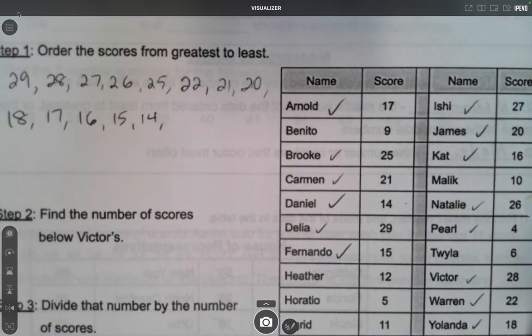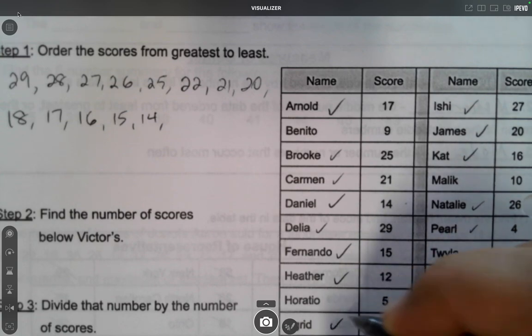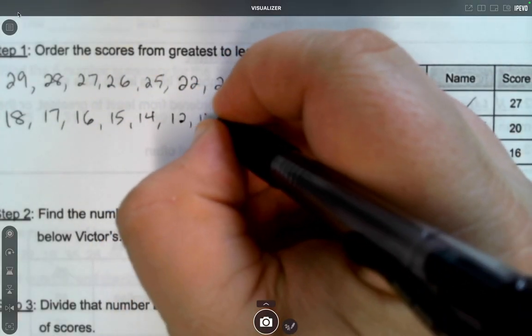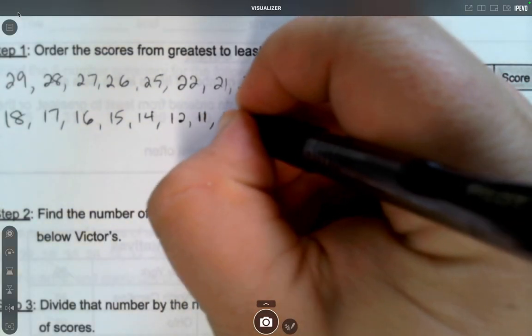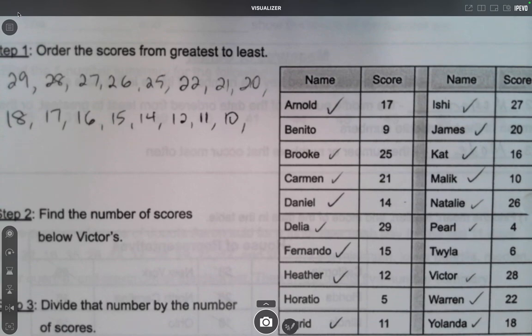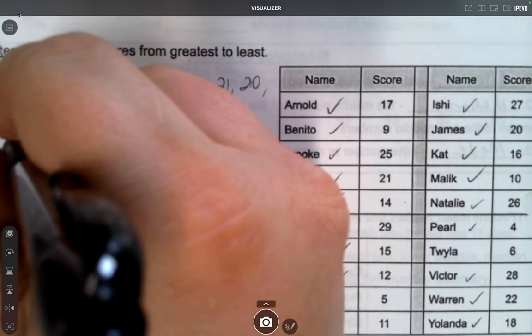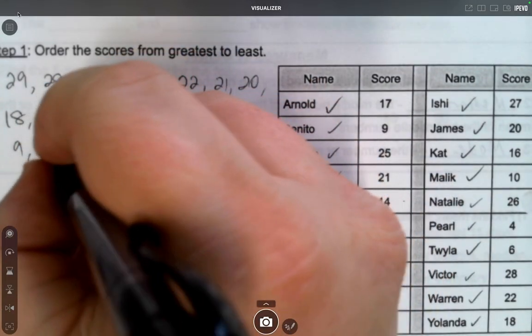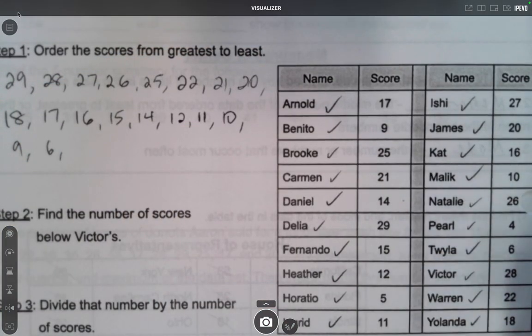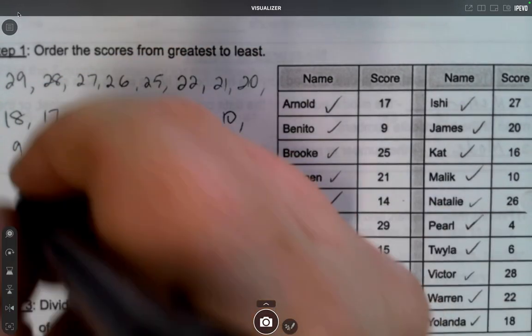Then 12 and 11. 10. 9, 6, 5, and don't forget Pearl, I already marked the 4.